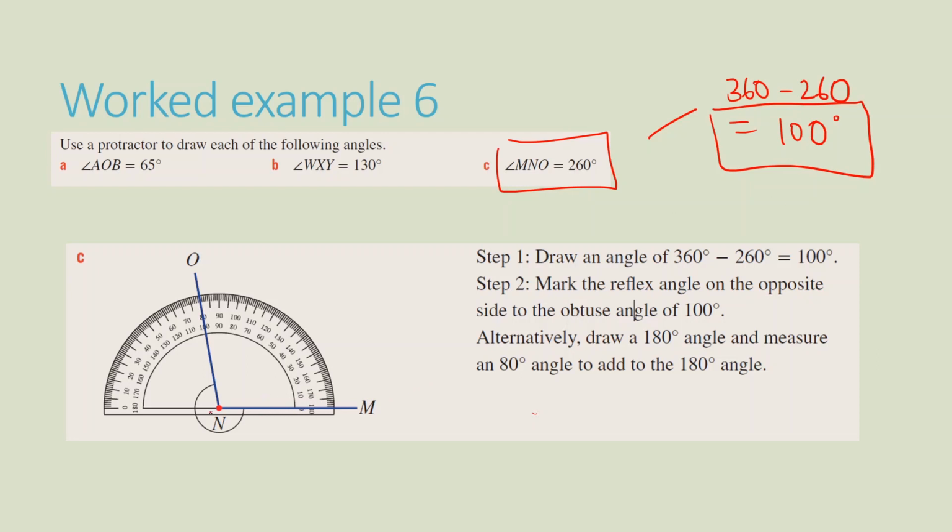So over here, you would do your center point, you would do a line here or here, and you would do 100 either there or over here, okay? And so this bit here is 100 degrees, and this one here indicated with the black line is 260 degrees.